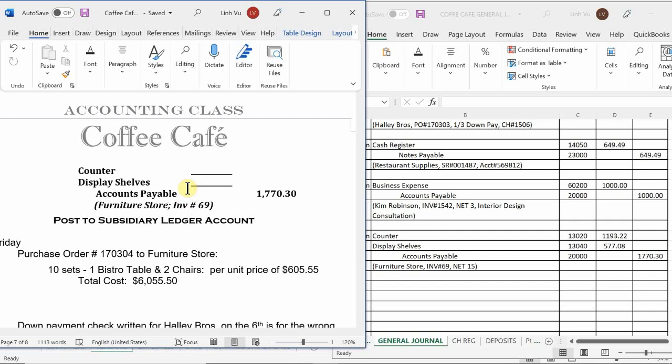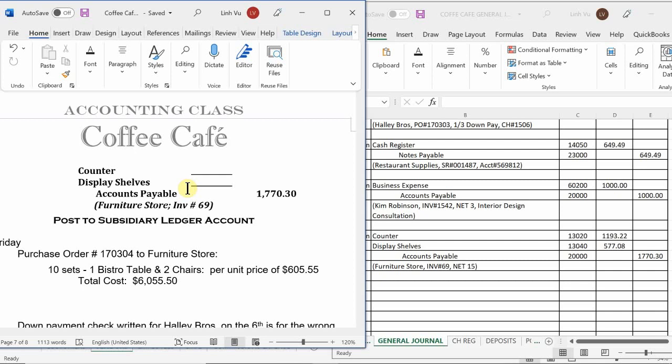This time we're buying 10 sets of a bistro table with 2 chairs per set, which is going to cost me $605.55 per set, giving me a grand total of $6,055.50 for 10 of them.